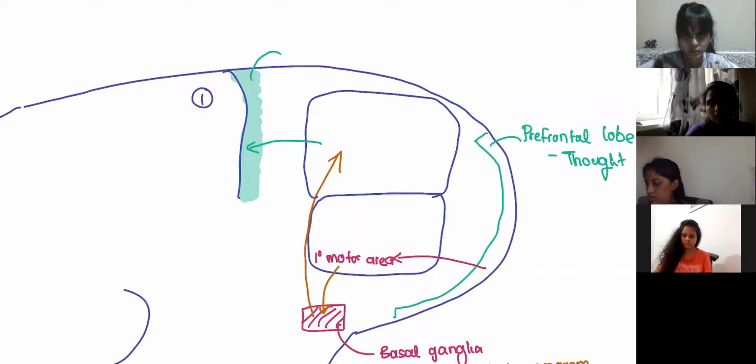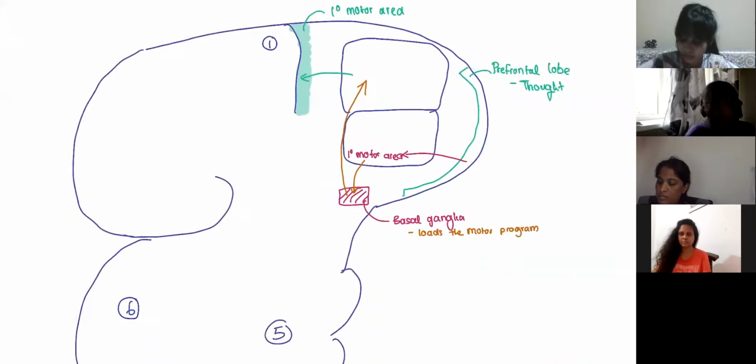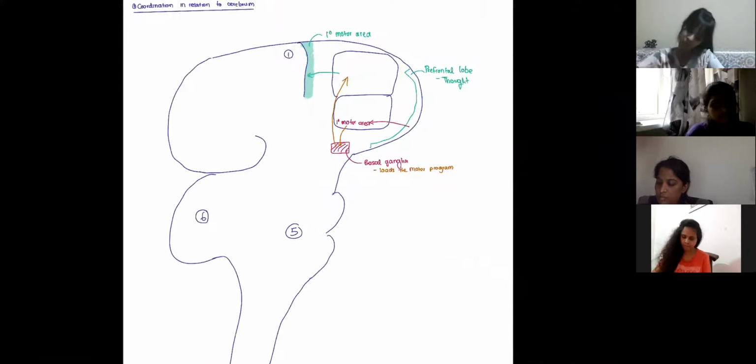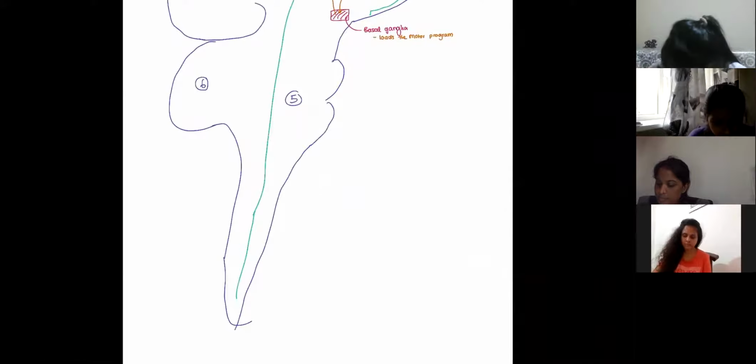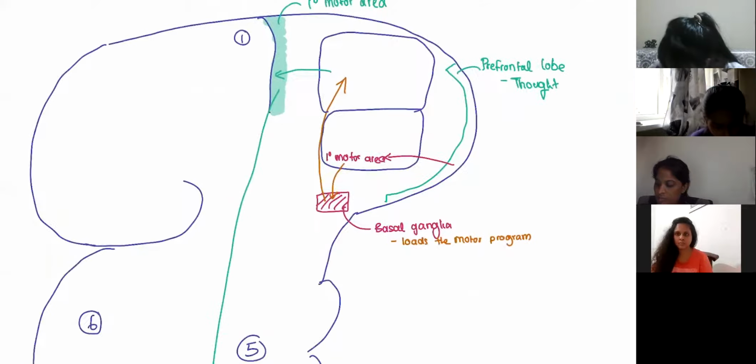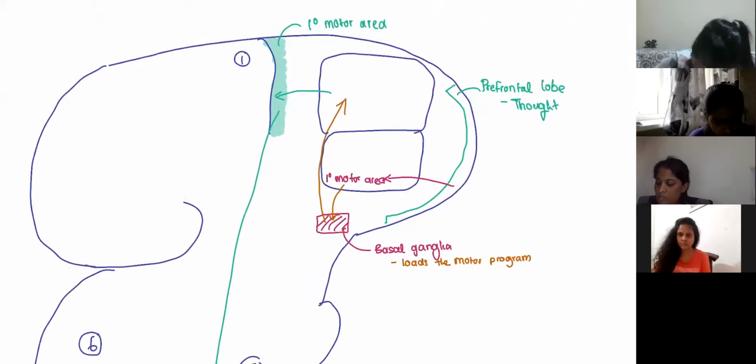The precentral gyrus or the primary motor area. Okay. And that is the one that does the action by sending fibers downwards. The precentral gyrus is where the corticospinal tract originates. Corticospinal tract, you know, that's the motor tract of our body.